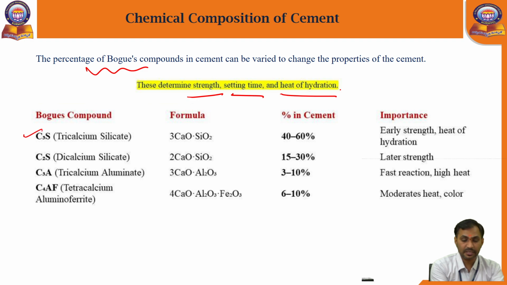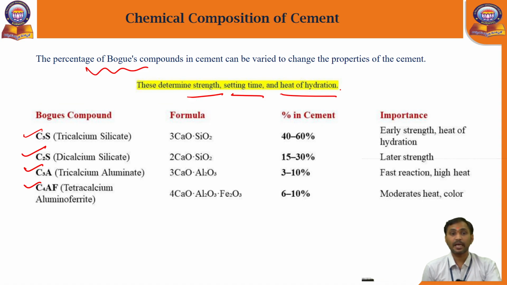One is C3S, tricalcium silicate. Second, C2S, dicalcium silicate. Third, C3A, tricalcium aluminate. And fourth, tetracalcium aluminoferrite, that is C4AF.